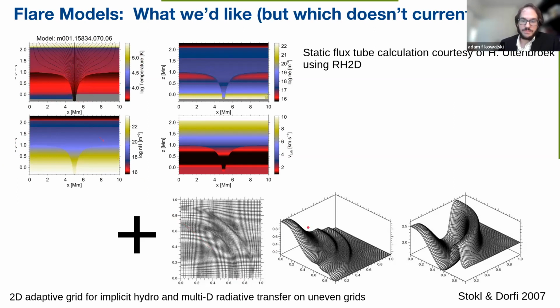For this, I think the best path is something like the bottom, where we have an implicit 2D adaptive grid from Stokel and Dorfy. But these two have not been merged together, and so we don't have such a capability yet to model the shock phenomena in multiple dimensions on the scales that are important for flares.